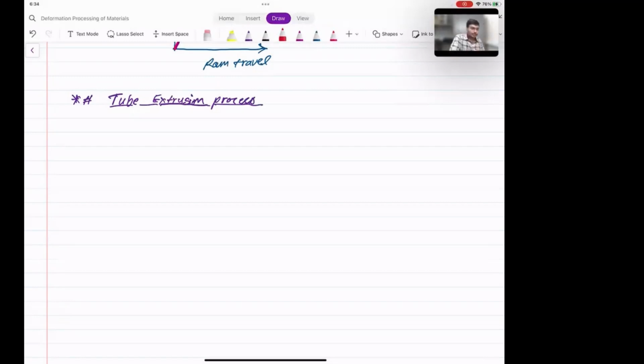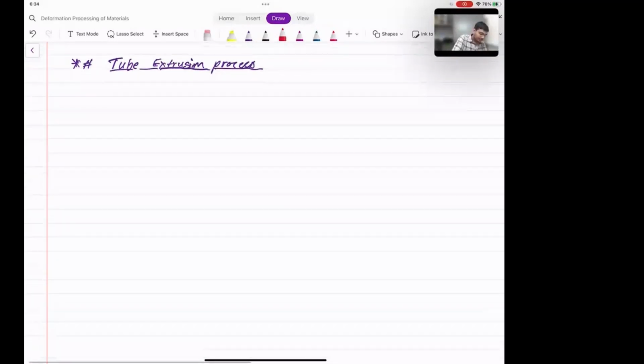So basically, say this is the part which is being extruded. Here it is the orifice, then a mandrel will be used here so as to form the core.